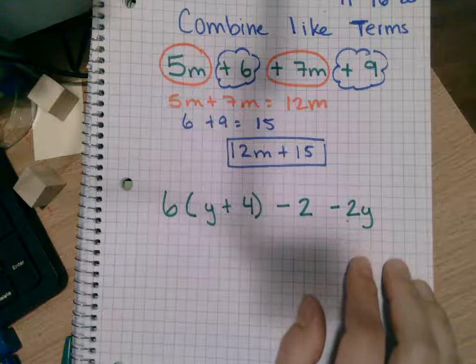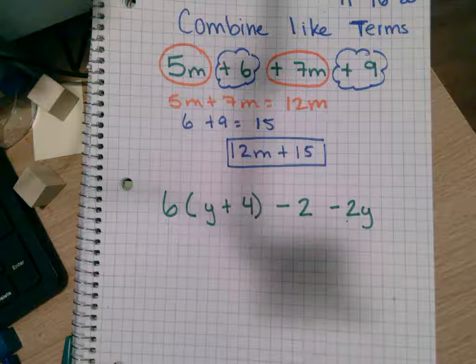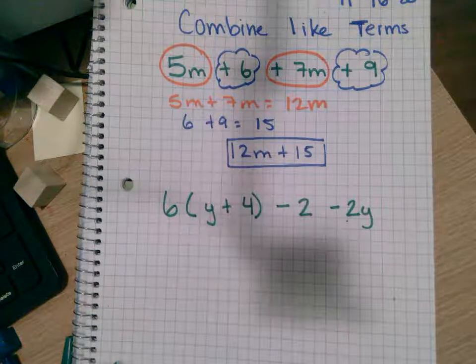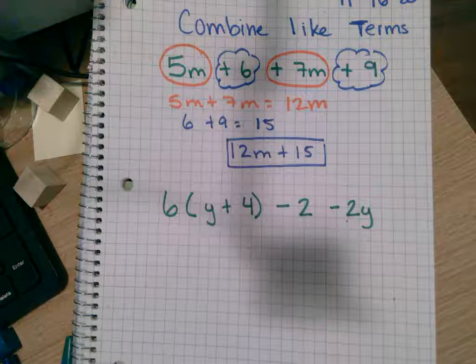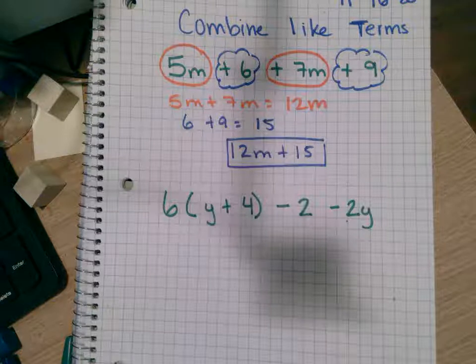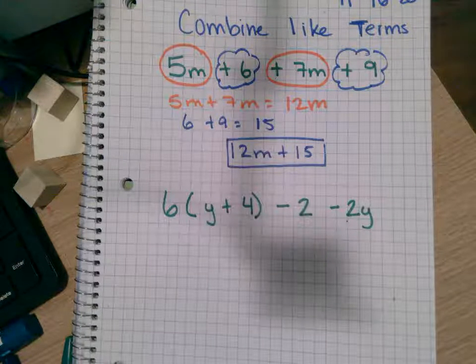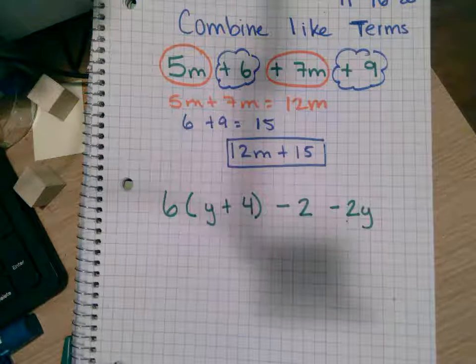So it's called an expression when there's no equal sign. You're going to do the distributive property first. So do the distributive property while I answer this private chat.